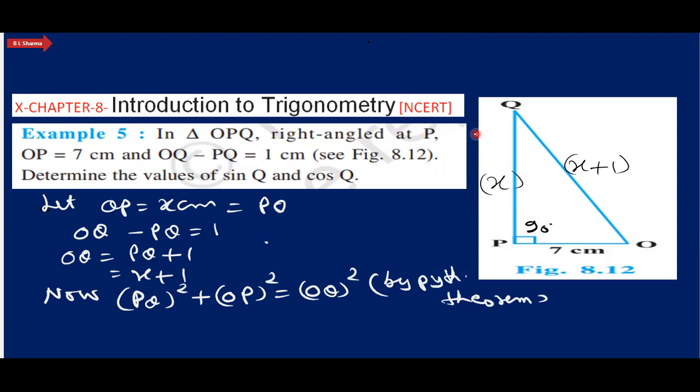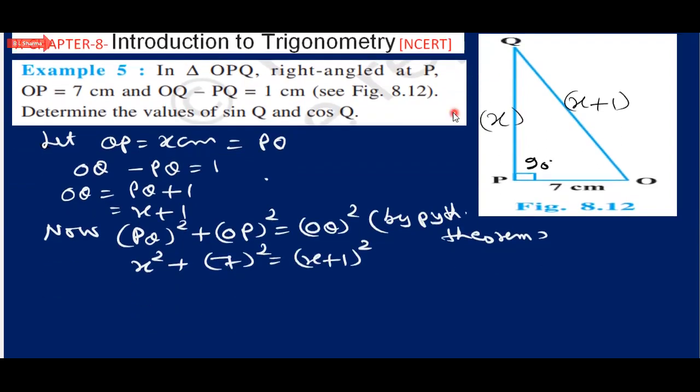That is PQ means X square plus 7 square is equal to X plus 1 whole square. That is X square plus 49, and X plus 1 whole square is X square plus 2X plus 1. X square and X square cancelled.